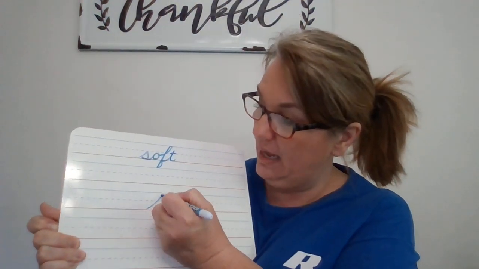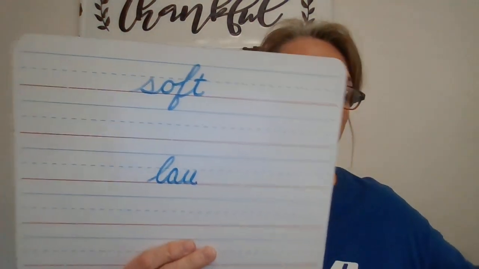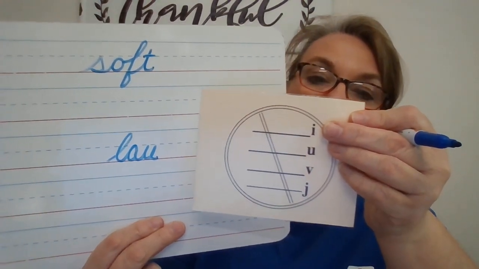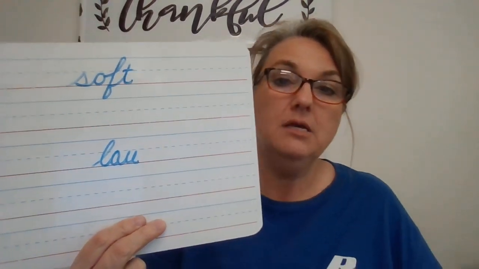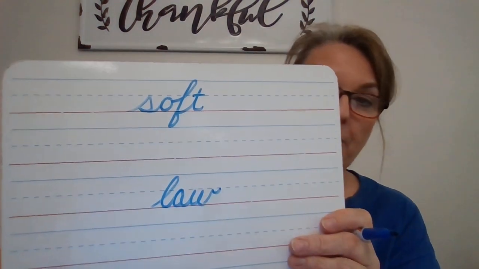Because English words do not end with I, U, V, or J. And if we had written the word law and we had used the AU, it would look like this. See there? But remember, English words do not end in I, U, V, or J. Okay? So that's why we had to use the W.